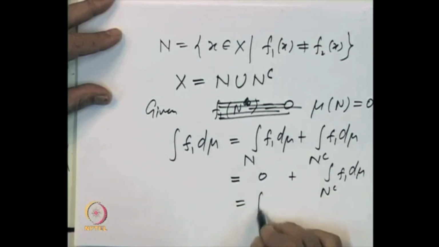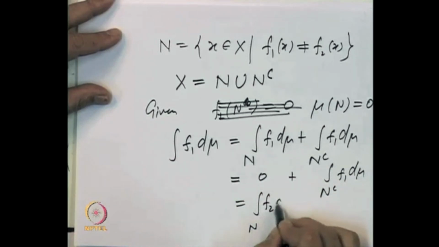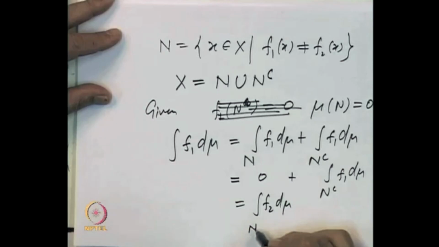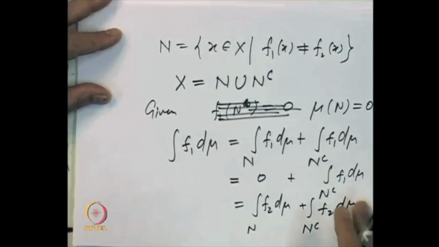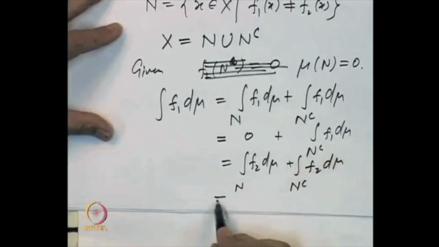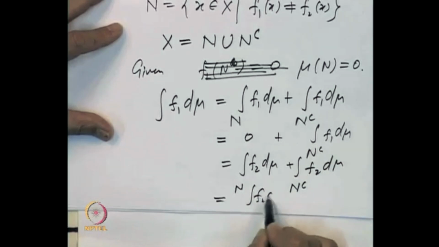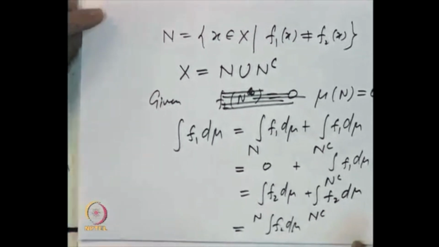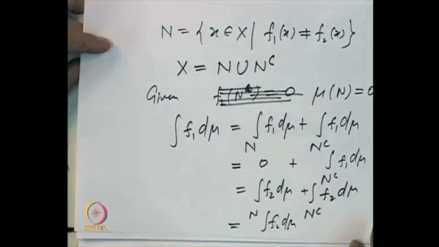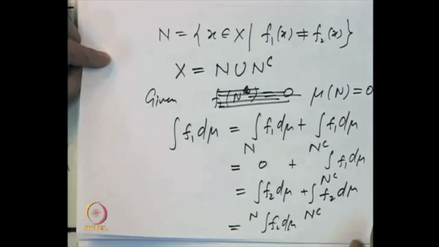But this is also the same as the integral over N of f2 d mu, because the measure of N is 0, and on N complement f1 is equal to f2, so I can write the integral over N complement of f2 d mu, and that once again is equal to the integral of f2 d mu. So the integral of f1 d mu is equal to the integral of f2 d mu.